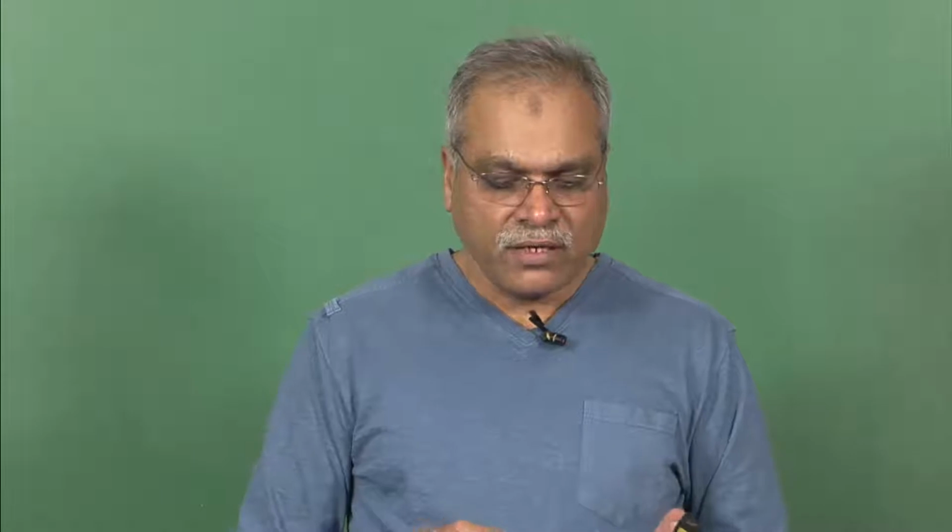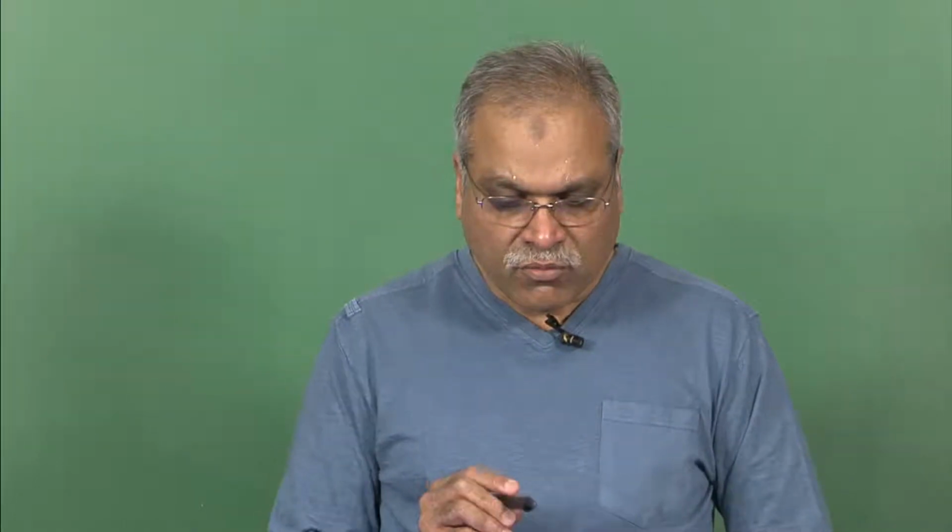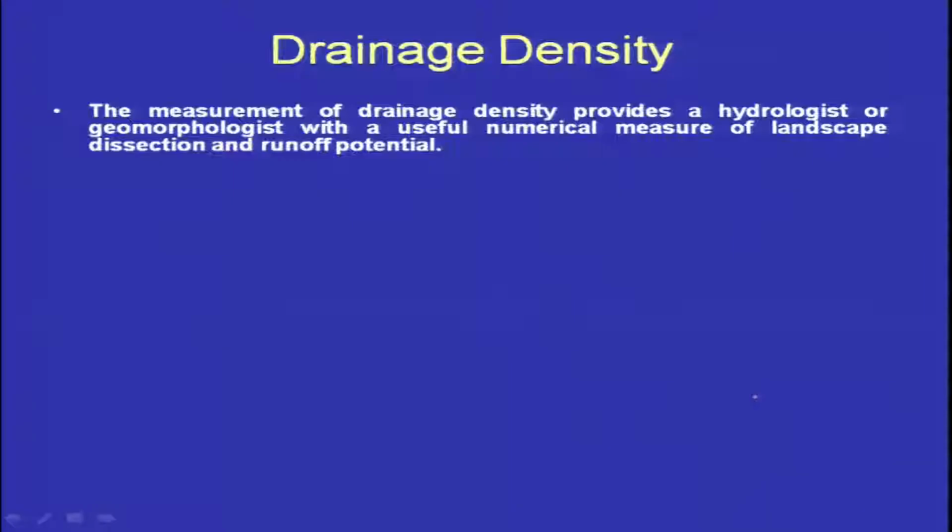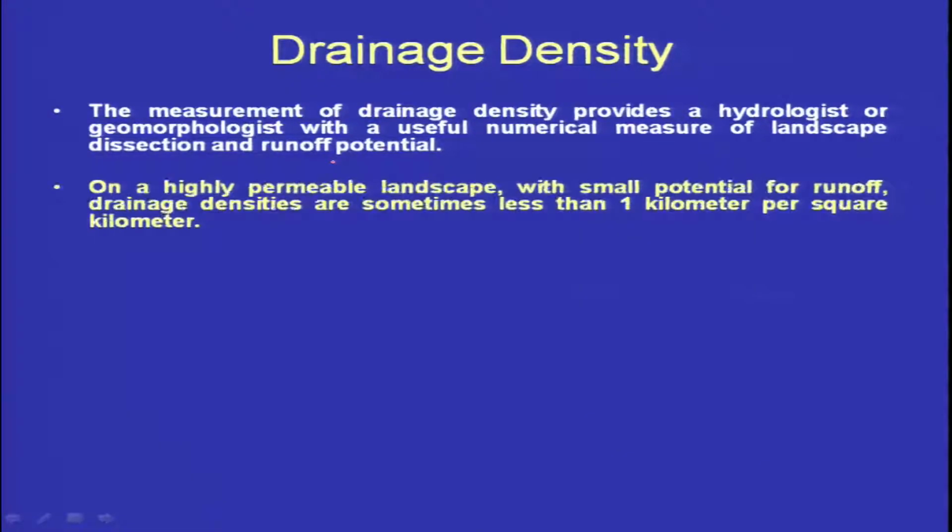If you have a highly dissected landform, this area has more streams and the potential of runoff may increase. Okay. So, this can also help in identifying the subsurface geology.